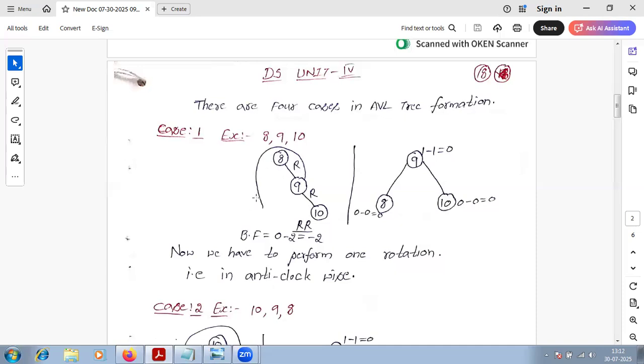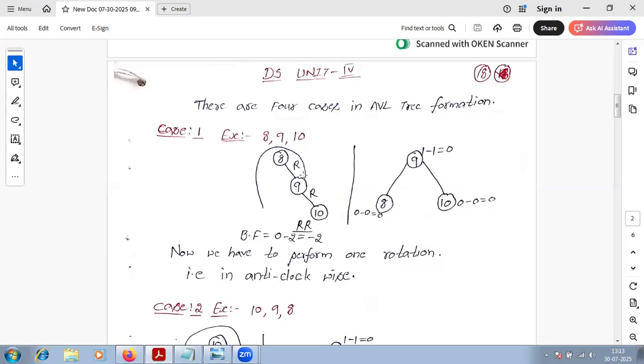What is the height of the left subtree? There is no left subtree. That means 0 minus, what is the height of the right subtree? 1, 2. See, this is the leaf node. 0 minus 2 is equal to -2. Now is it an AVL tree? No, it is not an AVL tree. If it is an AVL tree, the balance factor should be within the range of -1, 0, and 1.